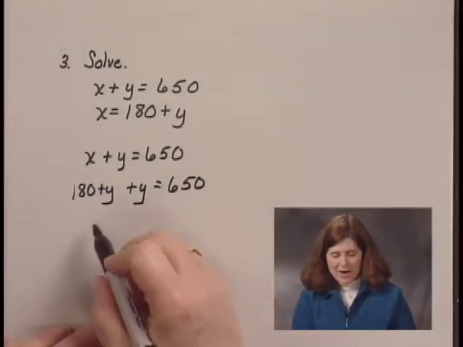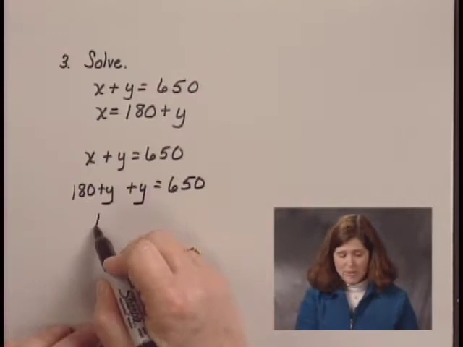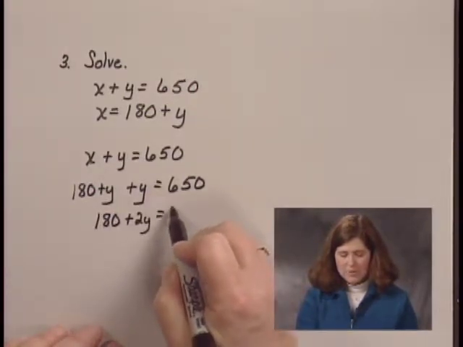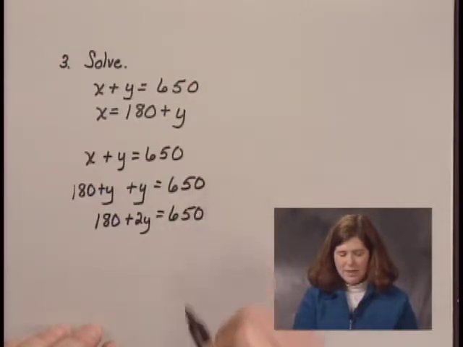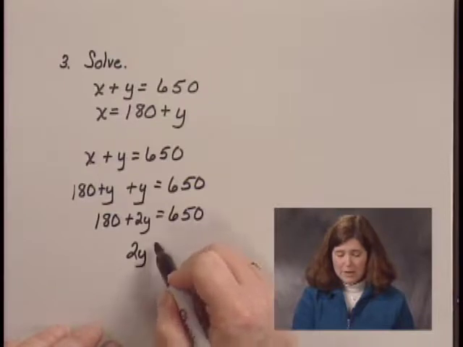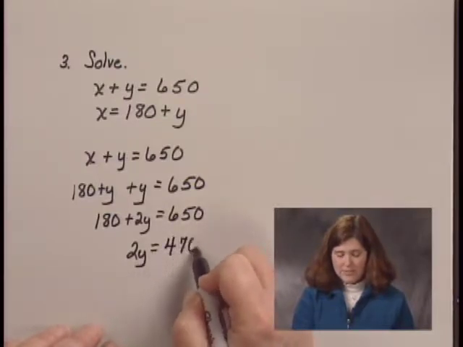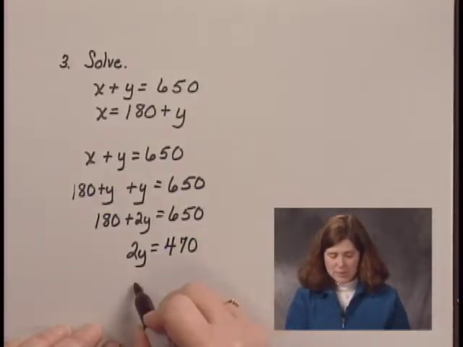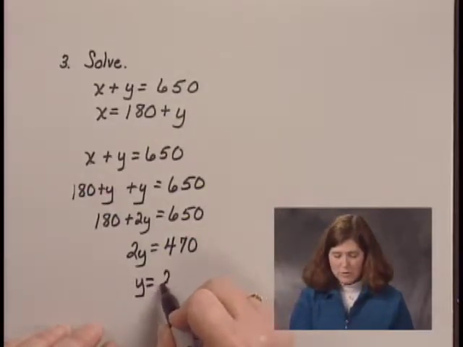Now I can solve for y. I solve for y by adding y plus y and getting 2y. 180 plus 2y equals 650. Then I subtract 180 from both sides, and I have 2y equals 470. And then I divide both sides by 2, which gives me y equals 235.